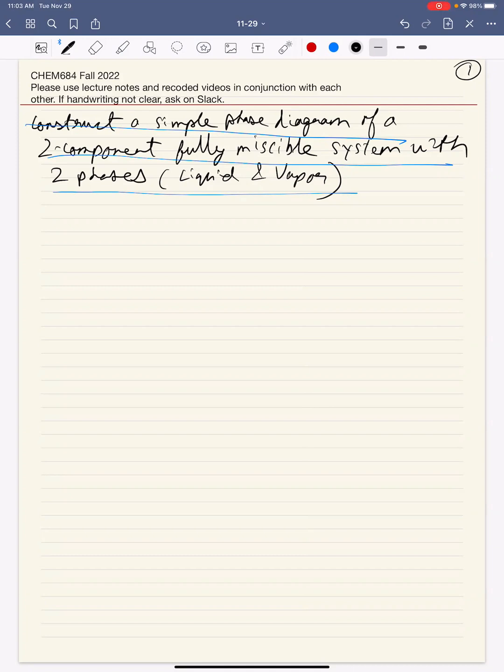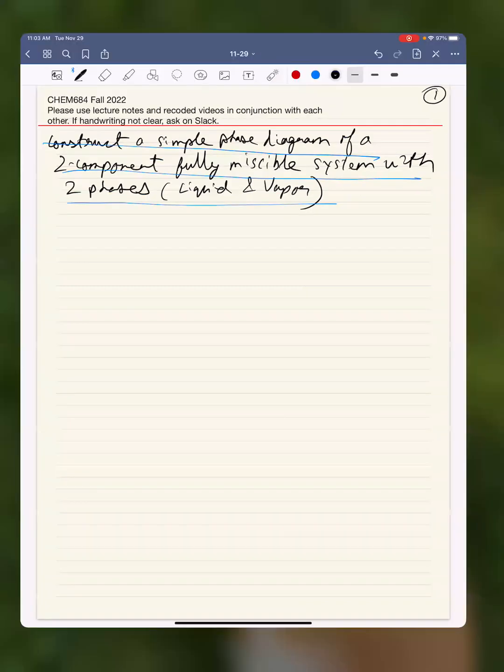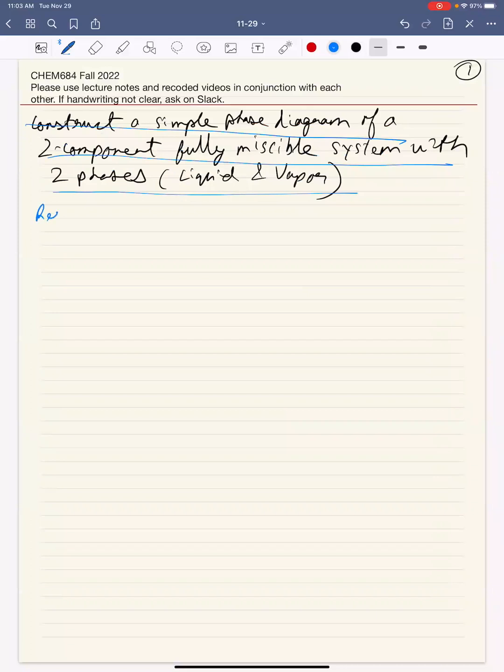So let's jog your memory about the regular solution model, okay? In the regular solution model, what was the final expression that we had? Our final expression was that delta mixing G is equal to omega XA XB plus RT (XA ln XA plus XB ln XB).